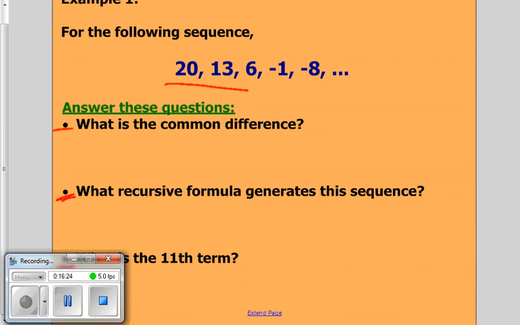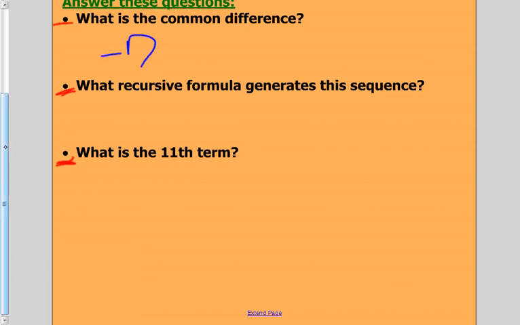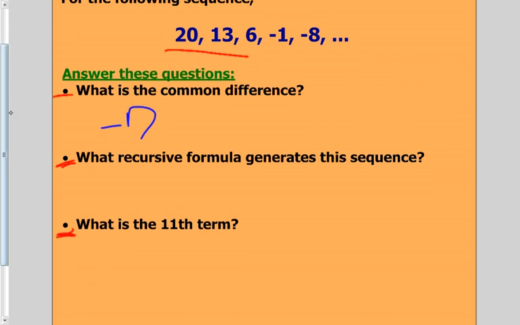All right, why doesn't somebody help me out with answering these questions? Let's go in the back to Mr. T. So what's the common difference? -7, and that sounds right to me, because we are dropping it by 7 each time.